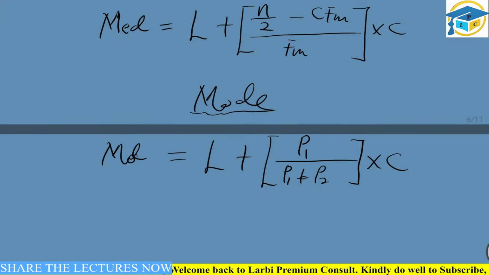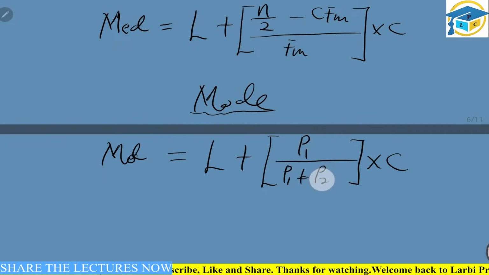So I repeat myself again: P1 represents the difference between the modal frequency and the frequency that comes before it.